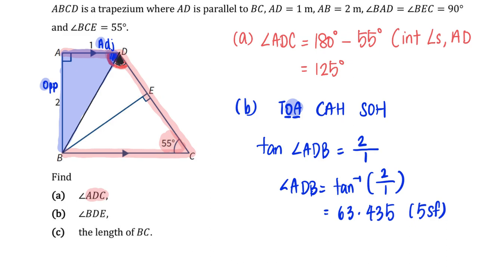And then to find my angle BDE, it's pretty straightforward. I simply use my 125 degrees, which is ADC, minus my ADB.